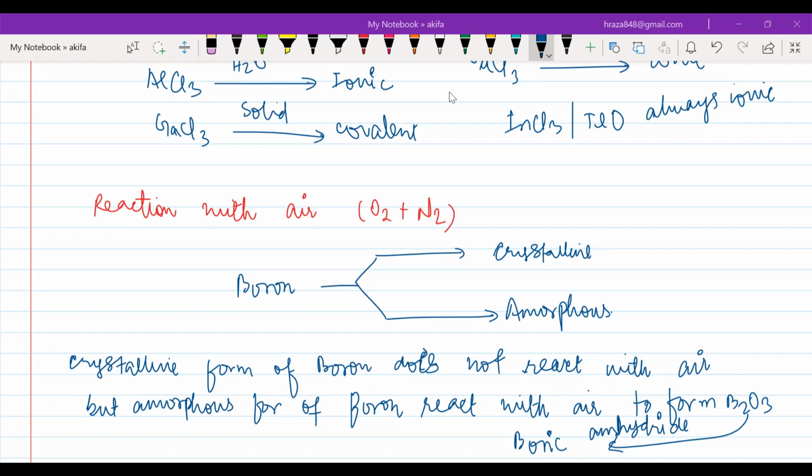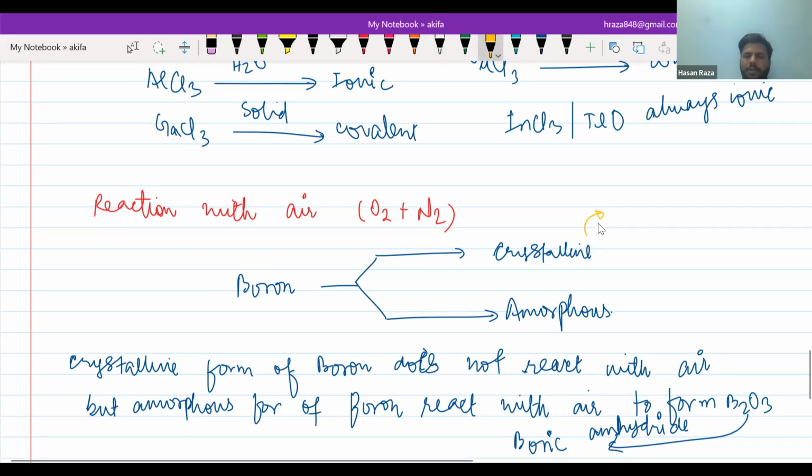What does amorphous mean? There are two types of solid on the basis of arrangement of particles. Crystalline solids are those which are orderly arranged over long range, and amorphous solids are those which are arranged in short order.